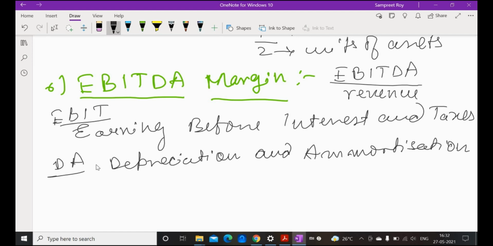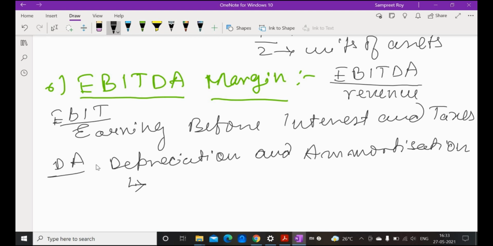Let me give a brief definition of depreciation. So depreciation is the charge over an asset, right? Due to wear and tear of an asset over a period of 1 year, it loses a certain value.